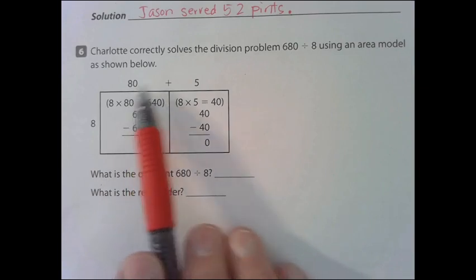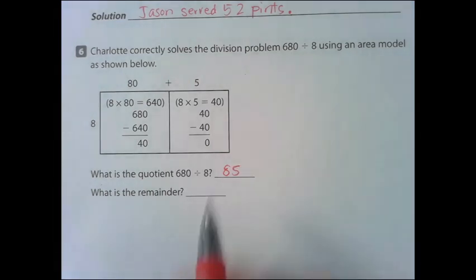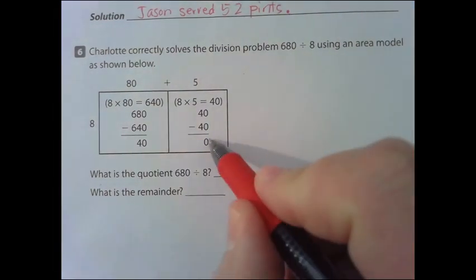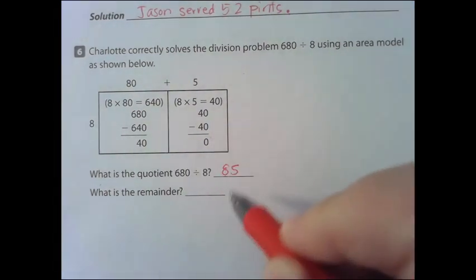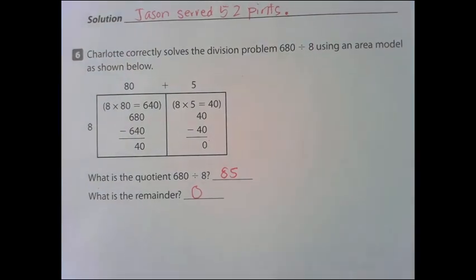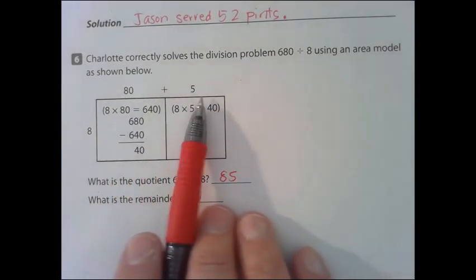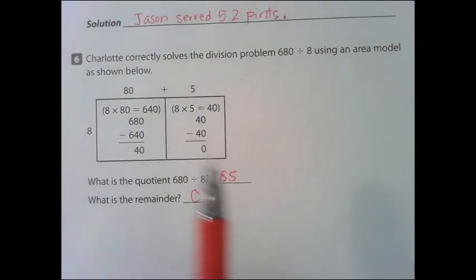So it's 80 plus 5. The answer is 85. And what is the remainder? As you can see, she landed on 0, which means there is no remainder. So the answer is 85 with no remainder. This one is pretty easy. Again, to find the answer for an area model, you add the numbers on the top and then look for the remainder in that last square.